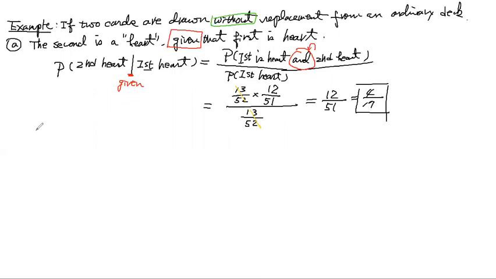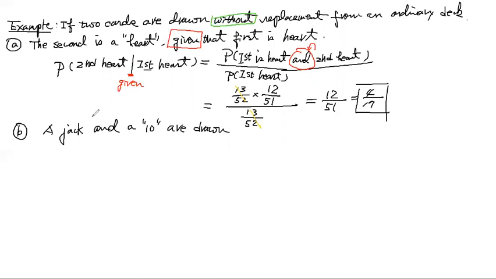So let's see, and then part B is here. The problem is a little bit different. I say a jack and a 10 are drawn, and you want to find the probability.